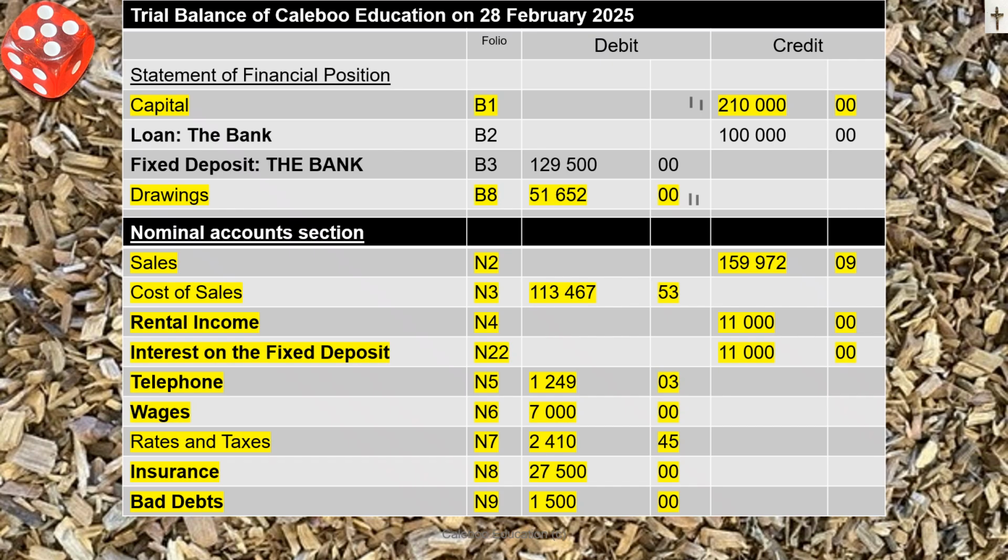Then we have income accounts: sales, rental income, and interest on fixed deposit. And then we've got expenses: cost of sales, telephone, wages, rates and taxes, insurance, and bad debts.